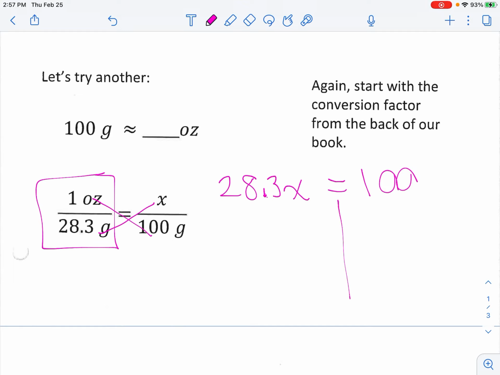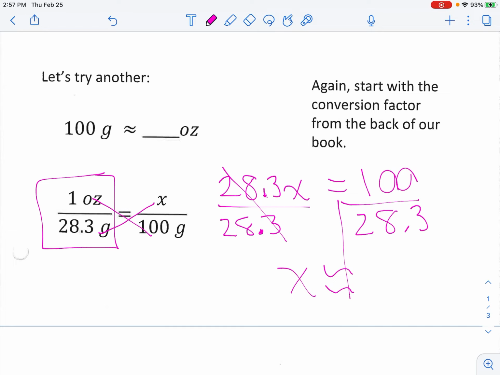So now we have our one-step equation. So we're going to divide the left by 28.3. Sorry, I'm trying to make my decimal big there. And we're going to divide the right by 28.3. So this is going to cross cancel. If you go to your calculator and solve 100 divided by 28.3, your calculator is going to say 3.533.